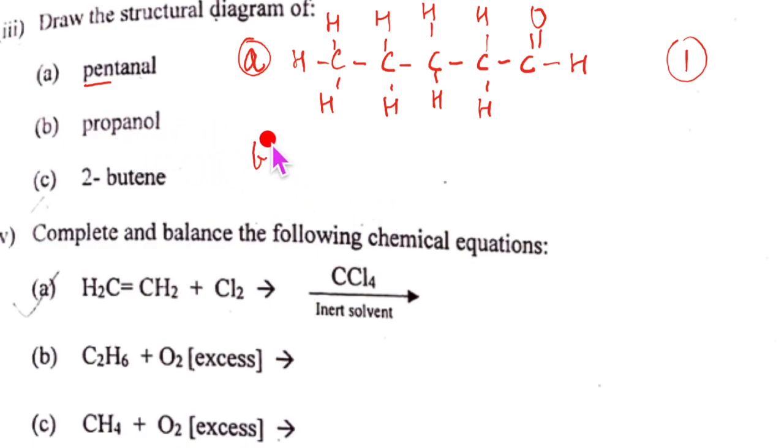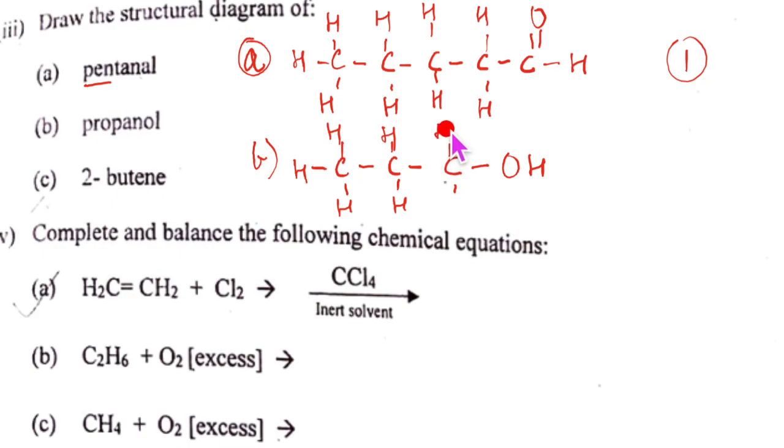Propanol. B will be prop, means it is 3 carbons, and ol means it is dash OH group. And for all carbons, we will have to show 4 valencies taken up by hydrogen. Okay, so that is your 1 more mark. Now C part is 2-butene.